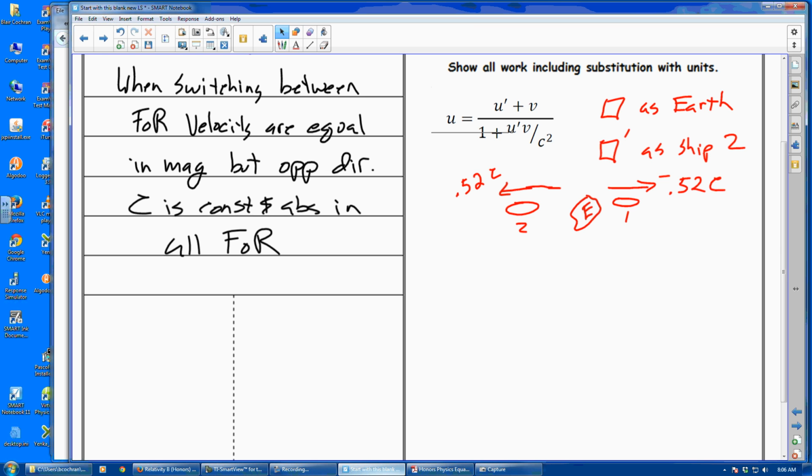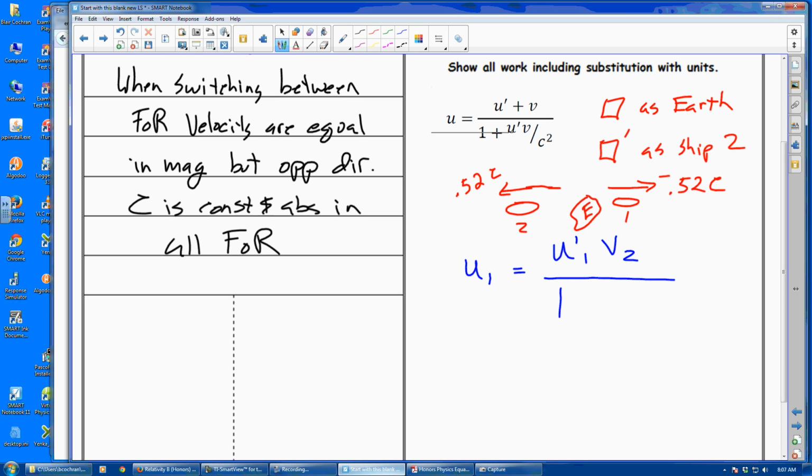So what we have here, inputting our equation, I'm going to rewrite our equation and just say this view is for ship number 1, and that's from the Earth. So u prime is ship number 1, v is ship number 2.